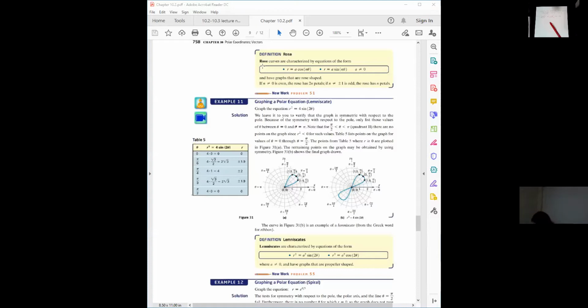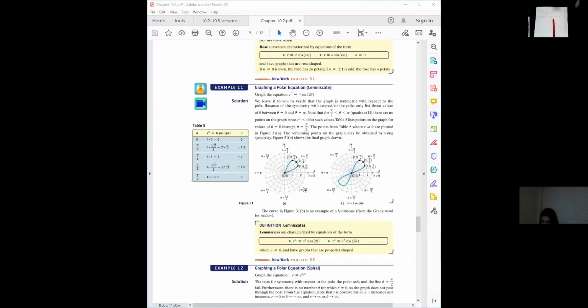So this is a rose. The number of petals is determined by the multiple on the theta. So if n is even, then you're going to have 2 times n petals. If n is odd, then you have n petals.